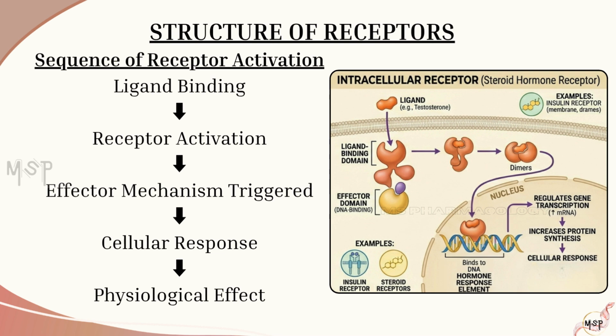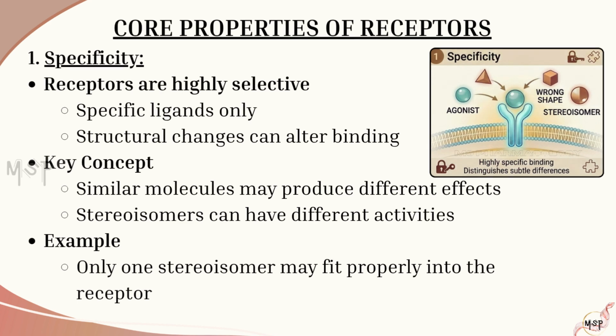So, the sequence of receptor activation can be summarized very simply. Ligand binding leads to receptor activation, which triggers effector mechanisms, resulting in a cellular response and ultimately a physiological effect. Core properties of receptors. Now, let's talk about the key features that make receptors so special.